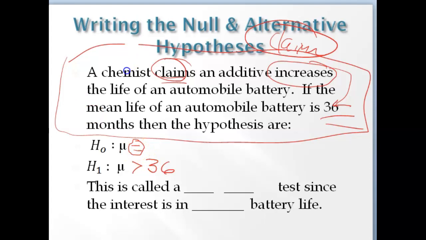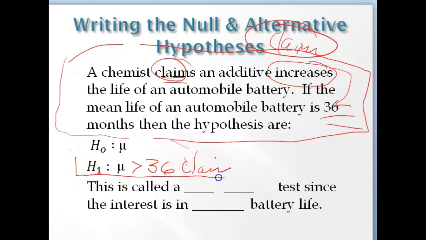Now, remember, the claim can be the alternate or the null hypothesis. So in this particular case, the claim is actually our alternate hypothesis. The claim is actually the alternate hypothesis.